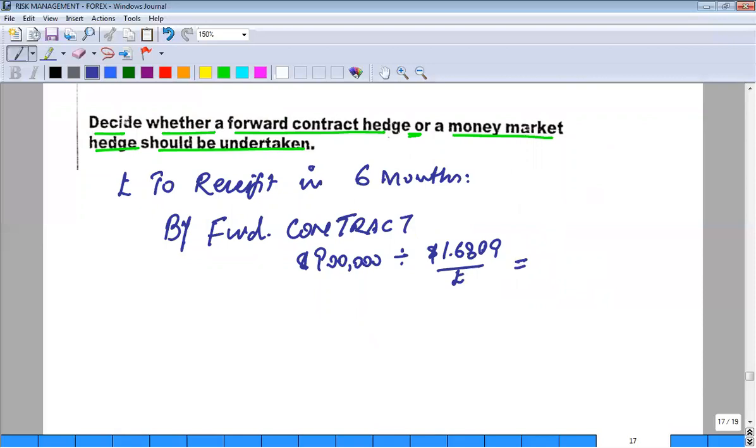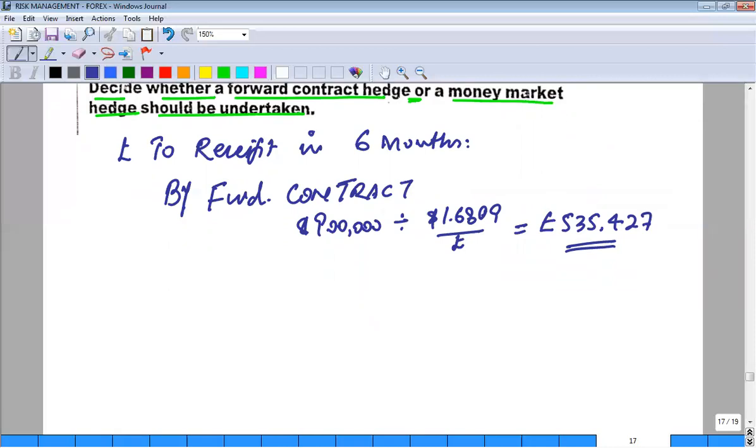And we are expected to receive 900,000 divided by 1.6809, that's 535,427. That is to be received in 6 months time by forward contract.